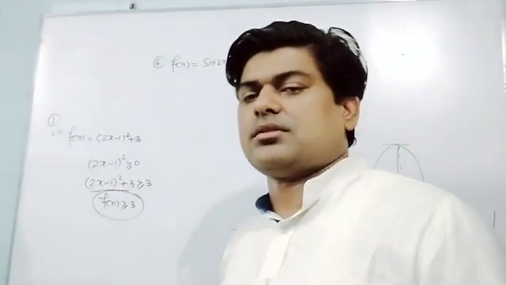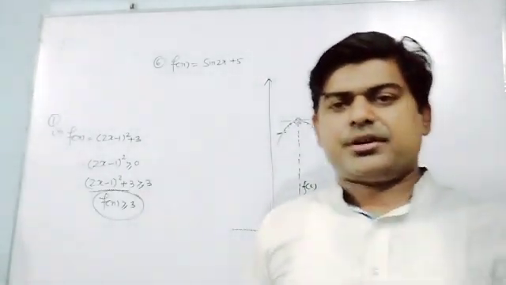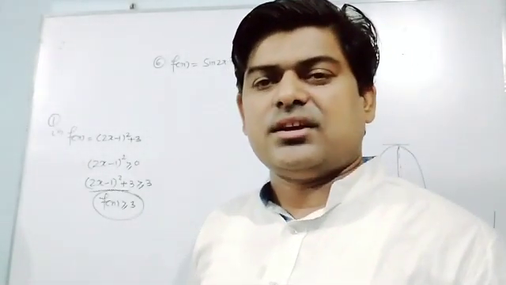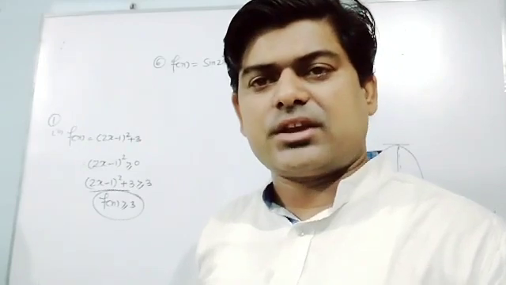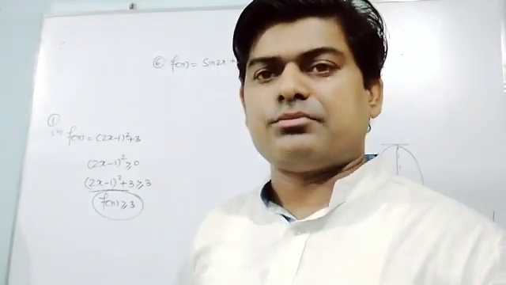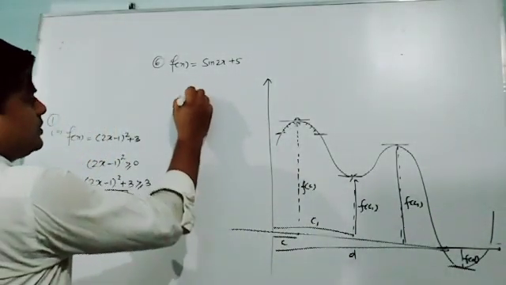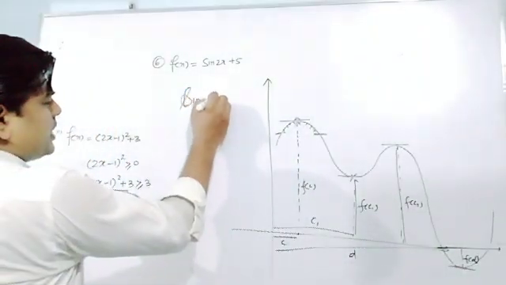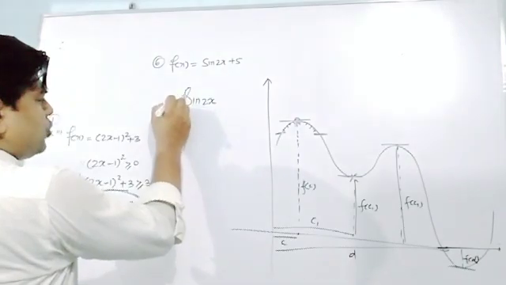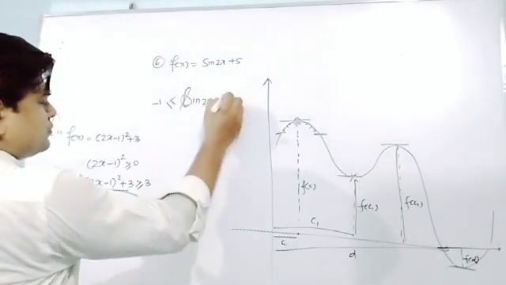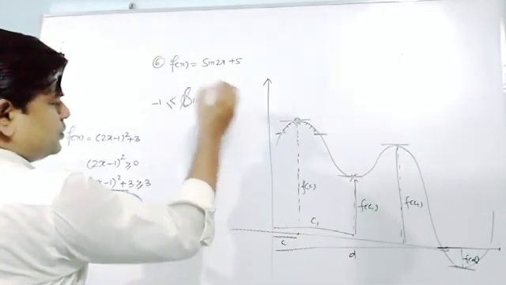if you remember about trigonometry, we learned that the value of sin x will never be less than minus 1 and never more than 1. So what can I say? We have seen sin x, where we are having sin 2x. Sin 2x is always greater than or equal to minus 1 and less than or equal to 1.